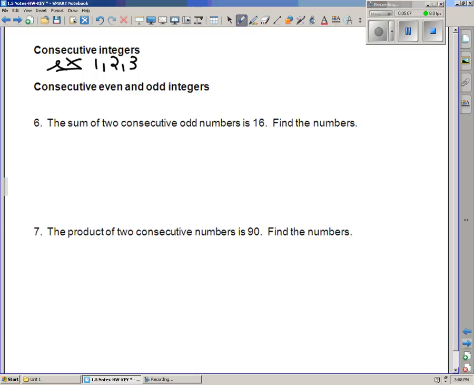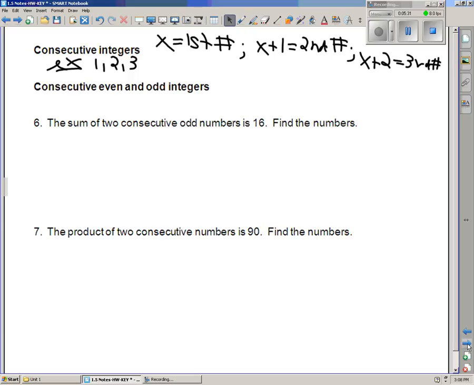So when we set up consecutive integer problems and you don't know what the first integer is, then basically you would say let x be your first number. And then the number after x would have to be x plus 1, so that's your second number. And then your third number would be x plus 2, and so on and so forth.